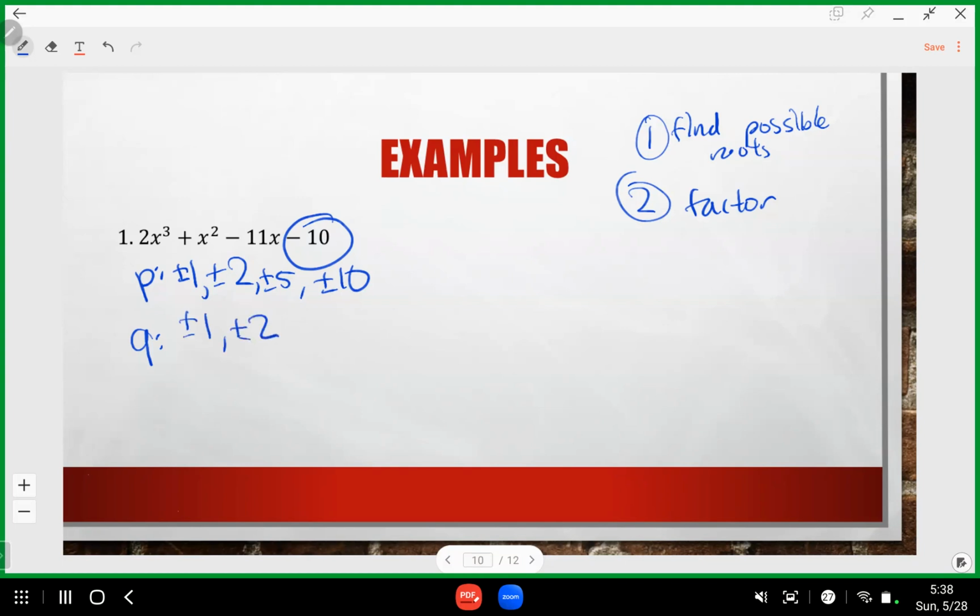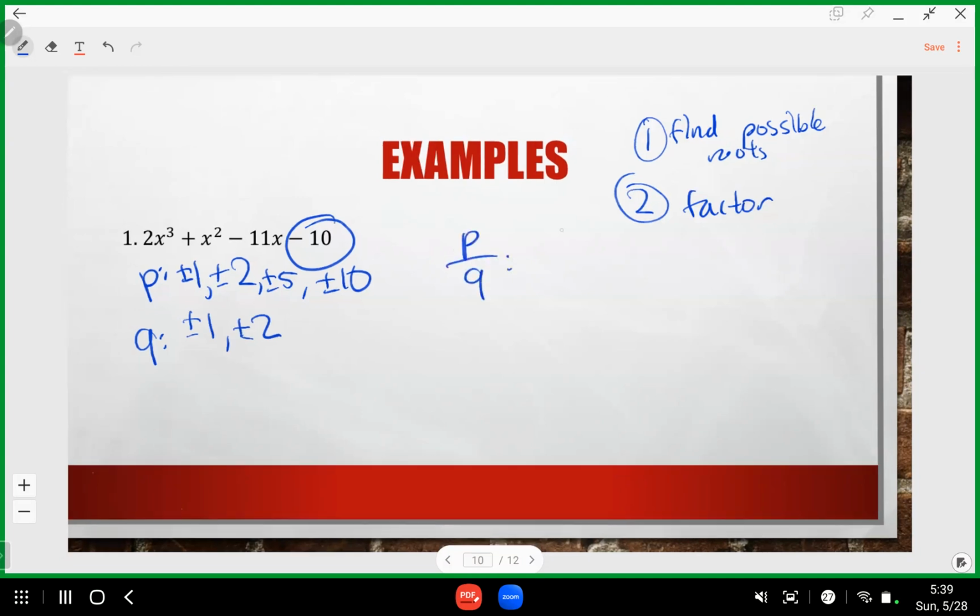Great. Very good. So then we can have p over q, which is all the possible roots, which is plus or minus 1, plus or minus 2, plus or minus 5, plus or minus 10, plus or minus 1/2, plus or minus 5/2, and that's it.